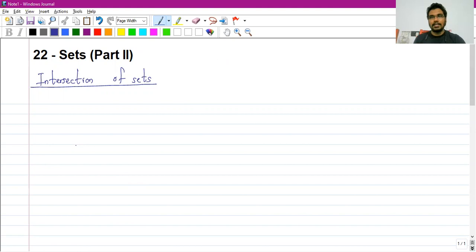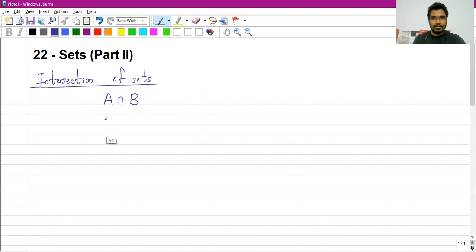If there is the intersection of set A and set B, we can denote it as A intersection B, using this sign of intersection. This is the symbol we use to denote the intersection of set A and set B.